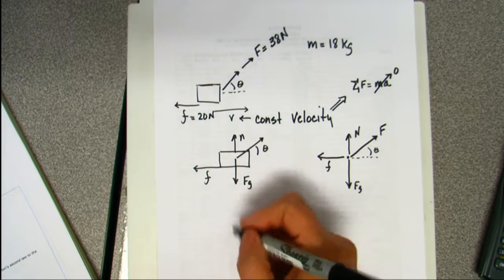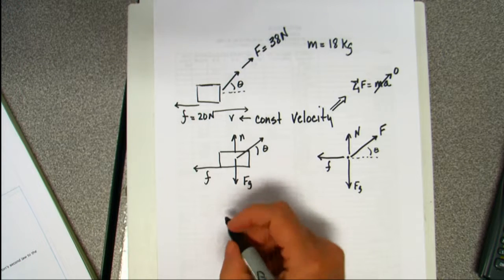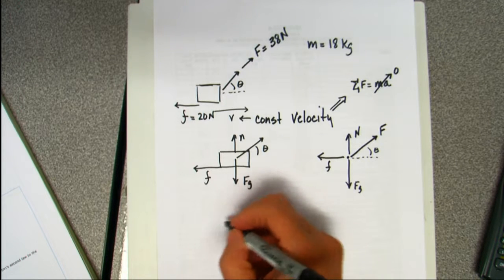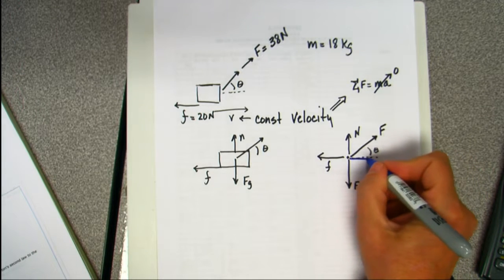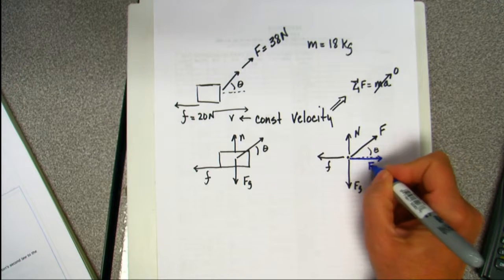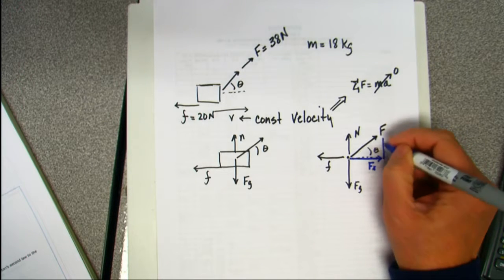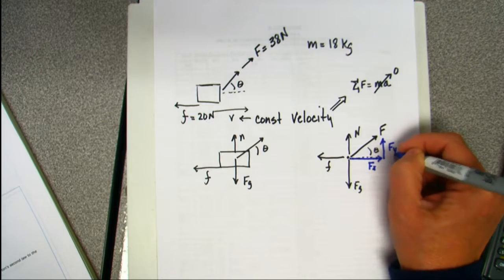So now I'm going to go ahead and draw it in here in a different color. I have the force in the x direction. I have the force in the y direction.